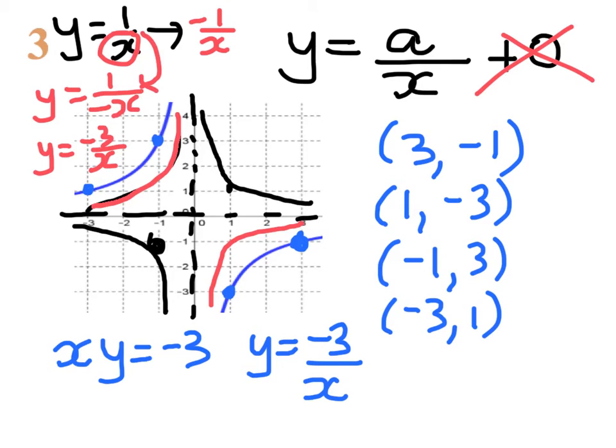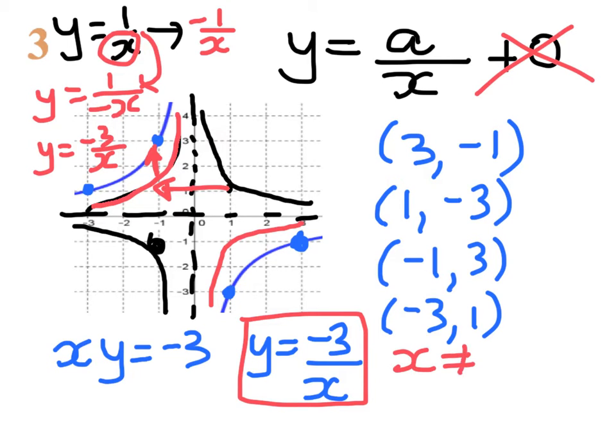Okay, so you can think of that in two steps. First we had a reflection, which is when it went to a negative sign, and then we had the stretchiness to the graph. Okay, so y is equal to negative 3 over x. The domain and the range have not changed. The domain is still x is not equal to 0, and the range is y is not equal to 0. Okay, next graph.